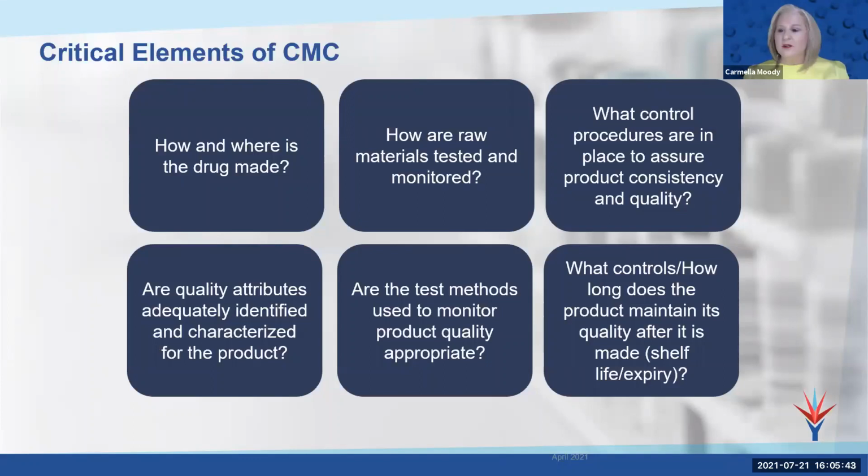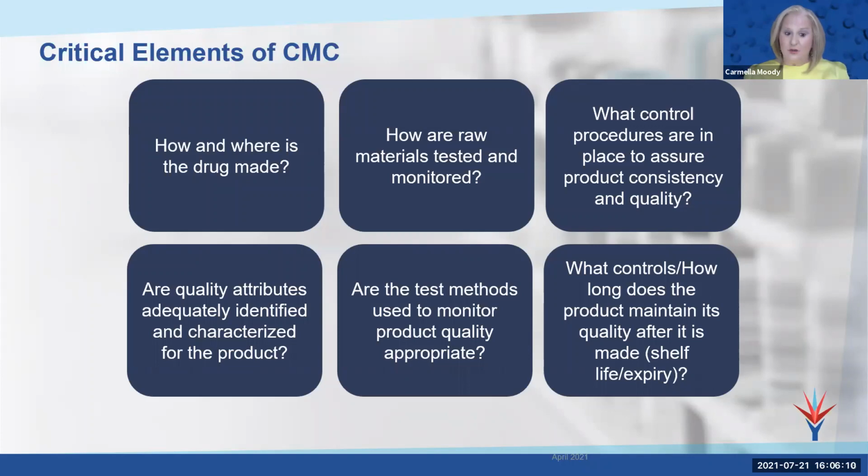Okay, so what are the critical elements of the chemistry, manufacturing, and controls elements of product development? You have to consider how and where the drug is made, how the raw materials are tested and monitored, and of course, the control procedures that are in place to make sure you get good quality and consistency.